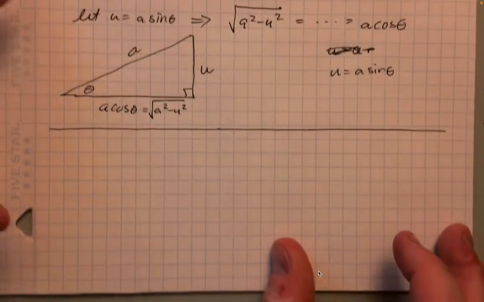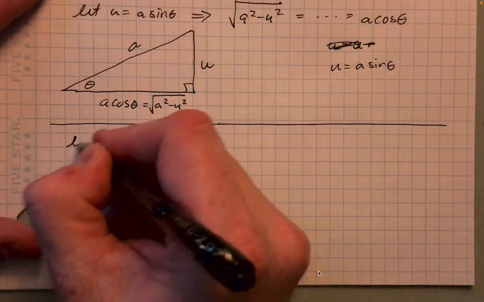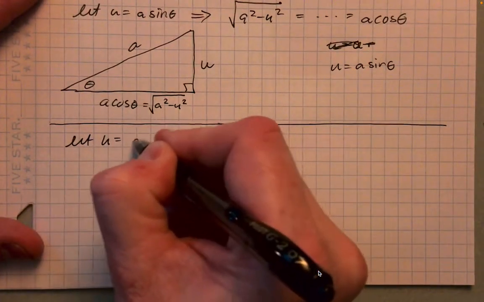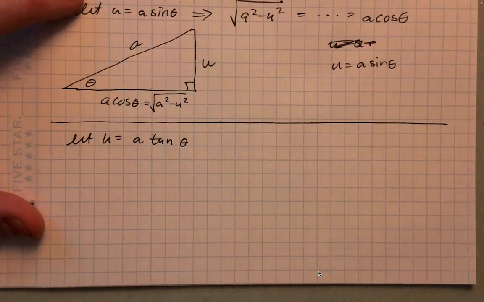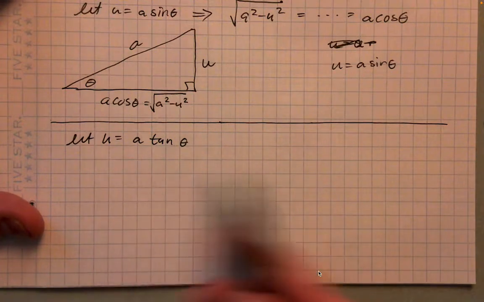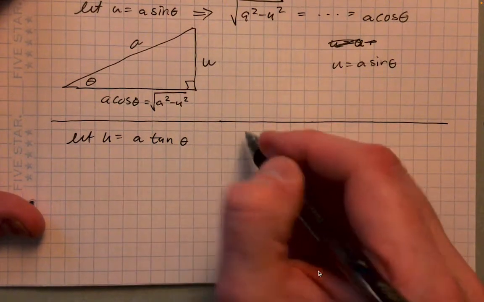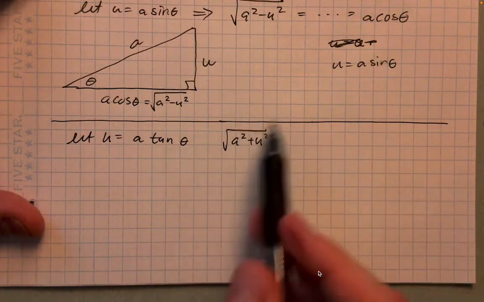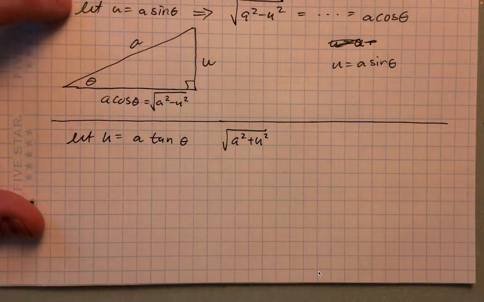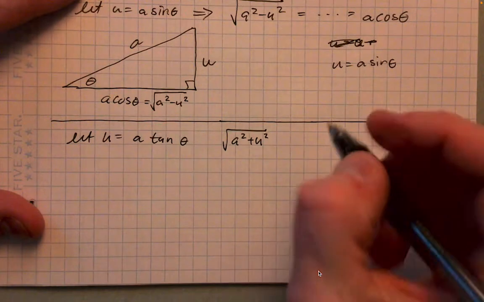Now, what happens if we consider another substitution? What if we let u equal a times the tangent of theta? Okay, in that case, if you play around with that a little bit, what you'll discover is that the square root of a squared plus u squared, that form, benefits a lot from this substitution.